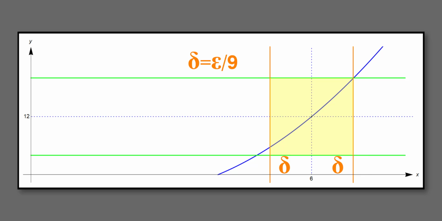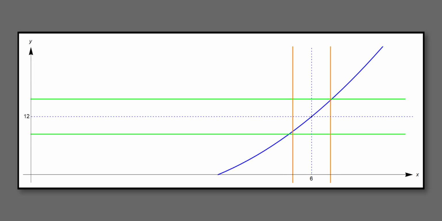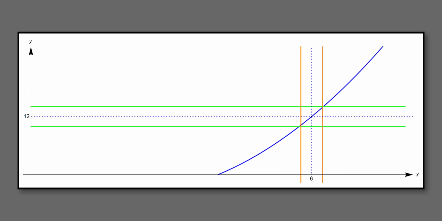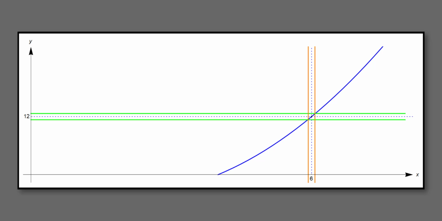It's certainly fine if there are places within the allowed error that are outside the distance, but what we're focusing on is that all of the x's that are delta units away from 6 produce a y value within epsilon units of the limit. And then as epsilon is allowed to be smaller and smaller, those delta values will also get smaller and smaller as we approach our point 6, 12.